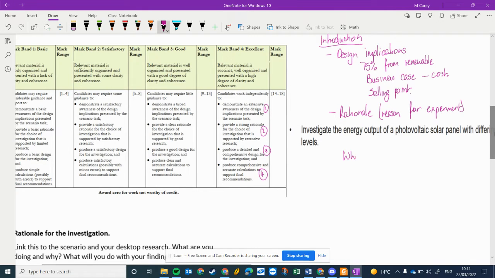So the why, right? What I have here is, you are going to demonstrate that solar PV is feasible, i.e. produces enough electricity.